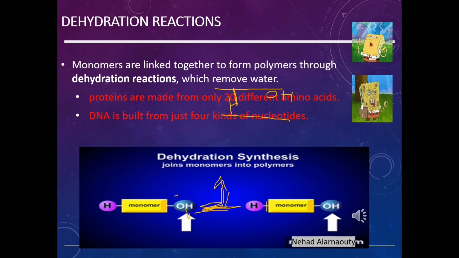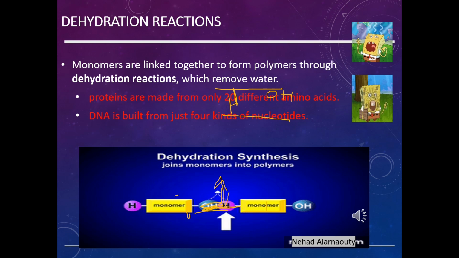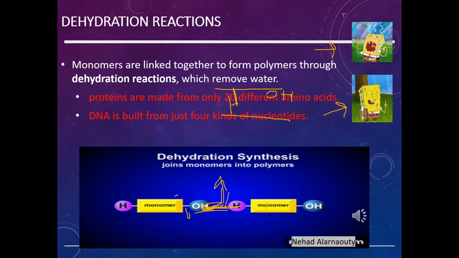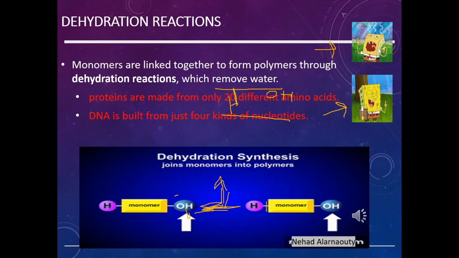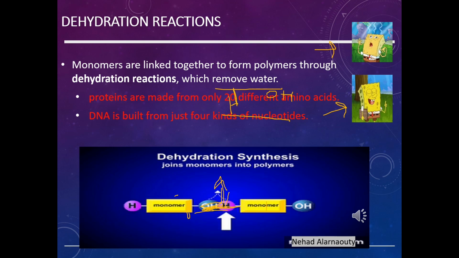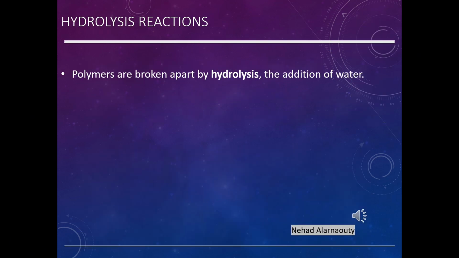This is dehydration. It's called dehydration because when we don't drink enough water for a long time, we get dehydrated. It's the same here: because we removed water, this process is called dehydration. The opposite of dehydration is hydrolysis.